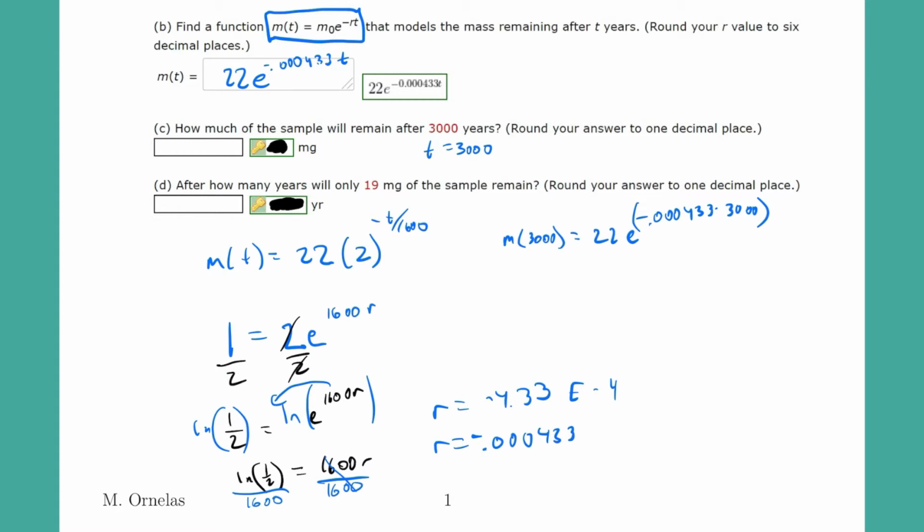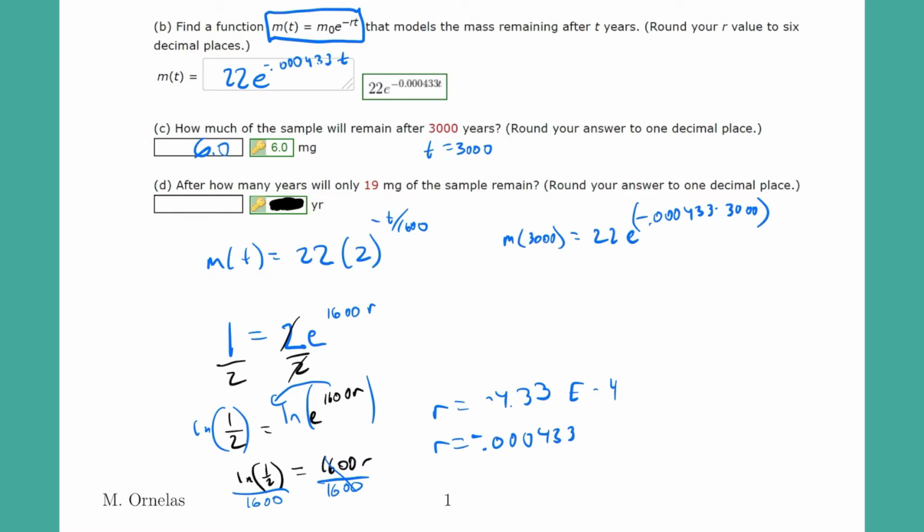So let's see what we get. 22 e to the, that long decimal, times 3,000 is, I'm getting 5.99. They want us to round to 1 decimal place, so I'm going to get 6 milligrams if I round to 1 decimal place, 6.0 actually.